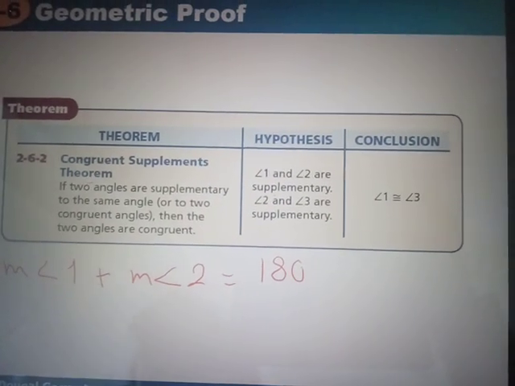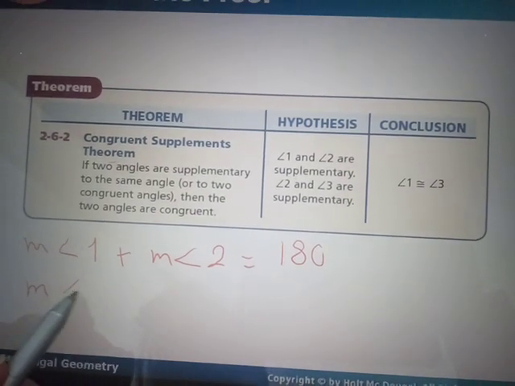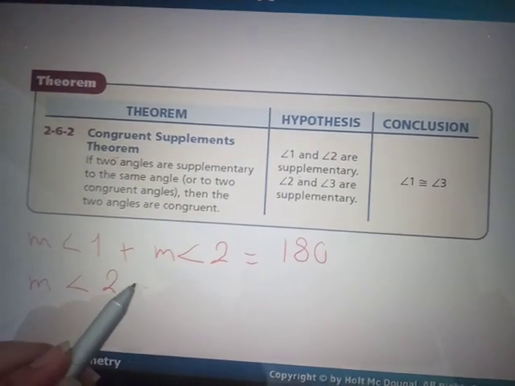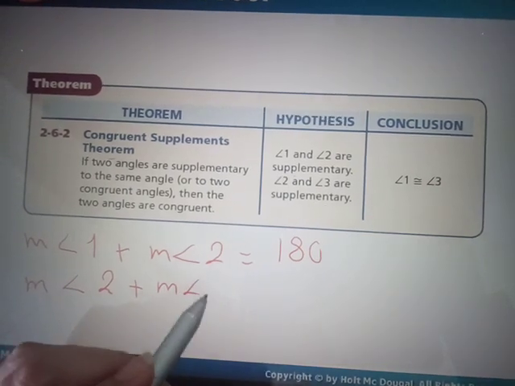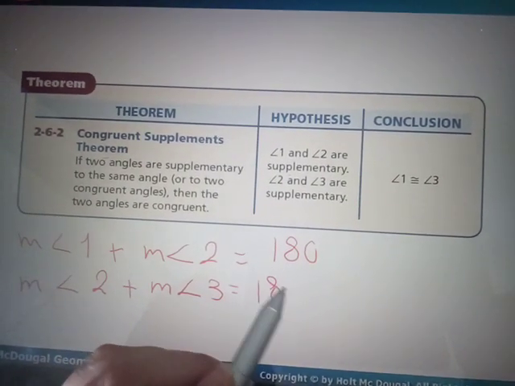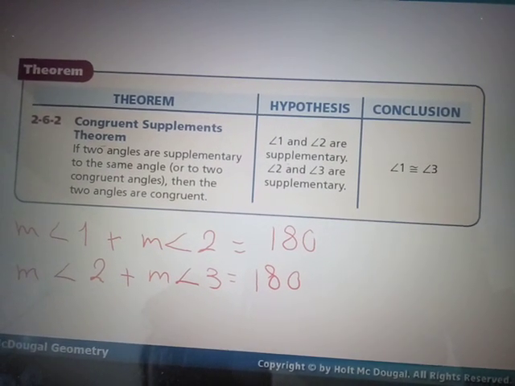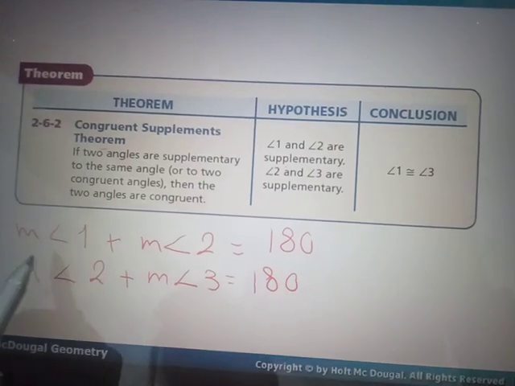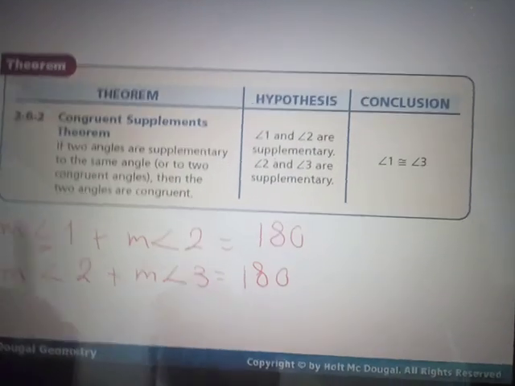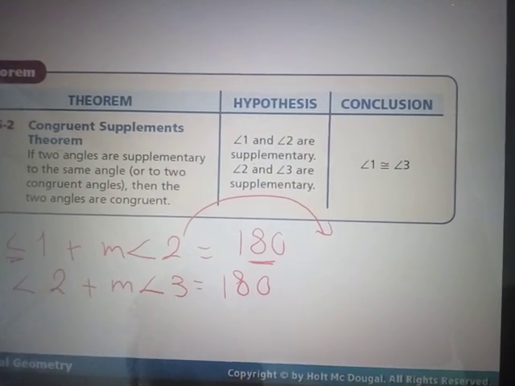Okay, and measure angle 2 plus measure angle 3 equals 180. Measure angle 1 equals what? 180 minus measure angle 2.